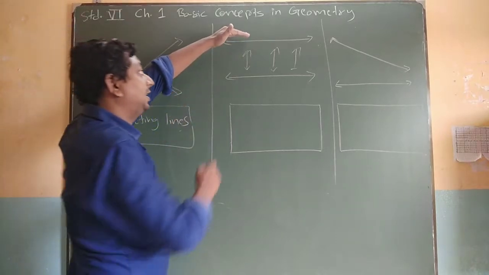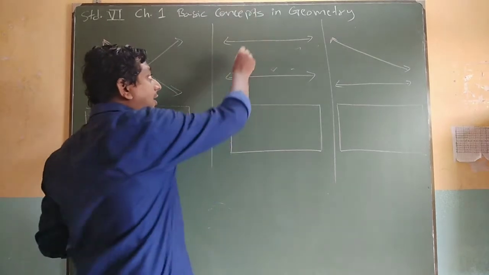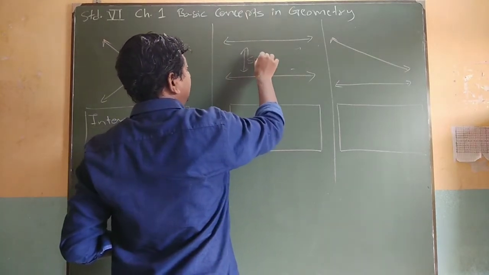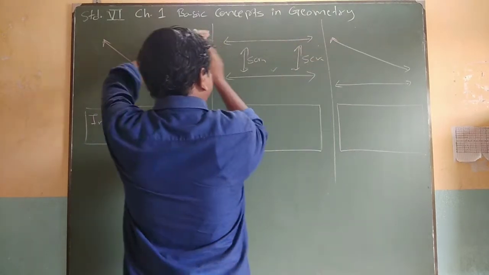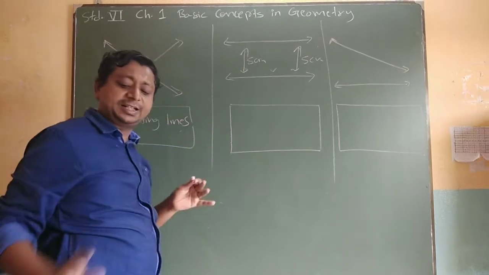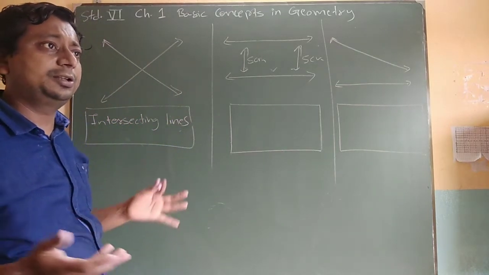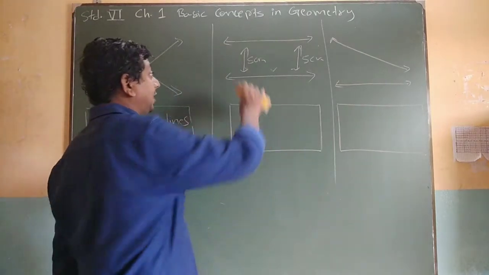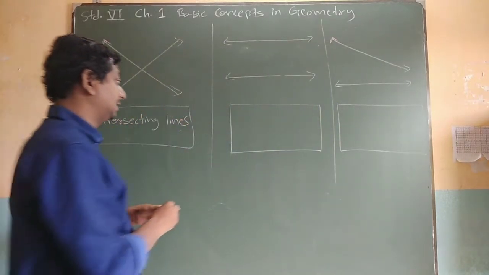Suppose the distance is 5 centimeter, then this distance will also be 5 centimeter, and any other distance between them, everywhere it will be 5 centimeter. It might be different also, 7, 8, 100, whatever. But the distance will remain the same everywhere. So such kind of lines are called parallel lines. So these are parallel lines.